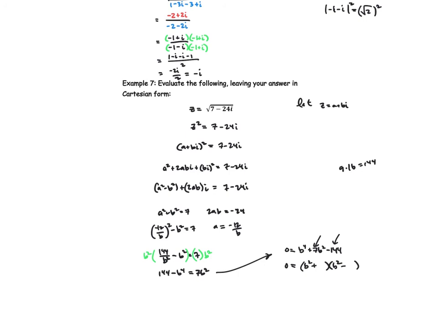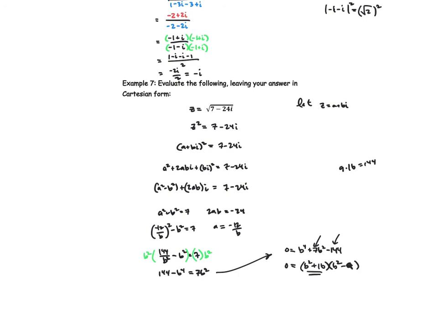Therefore, I'm going to want to have 16 here and 9 there. Okay, perfect. Therefore, 16 times negative 9 is negative 144, and 16 plus negative 9 is a positive 7.